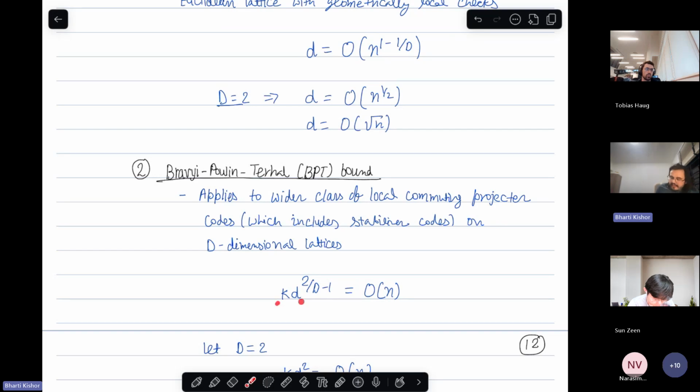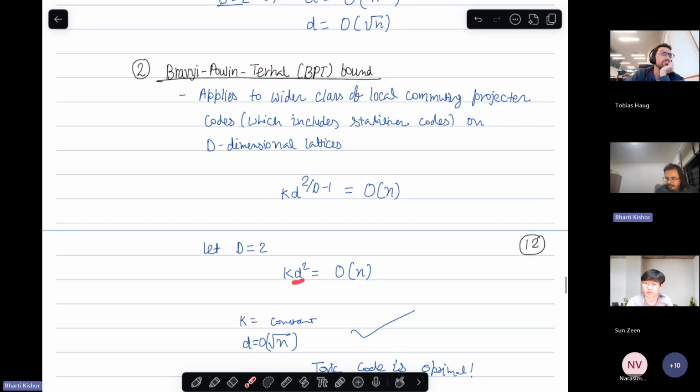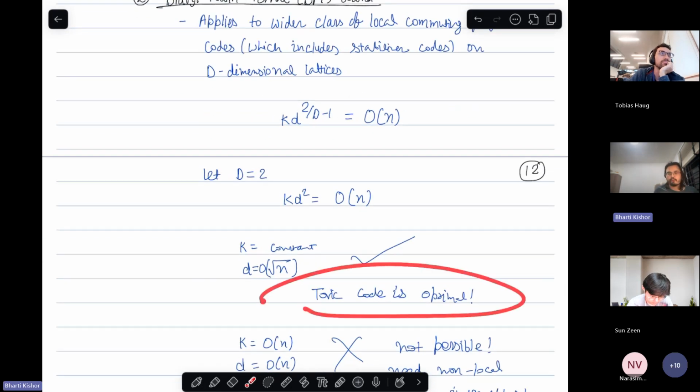And here you have k d to the power 2 by D minus 1 has to be order n. So if you take capital D equal to 2, it becomes k d squared equal to O(n). If you take k equal to a constant, then d can go at most square root n. And that's what you have in the toric code. So the toric code is optimal.